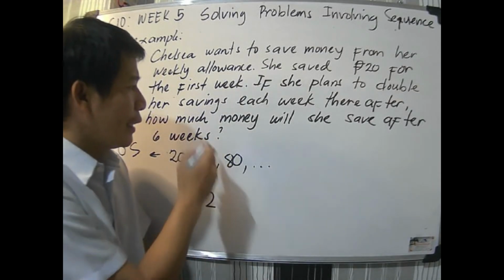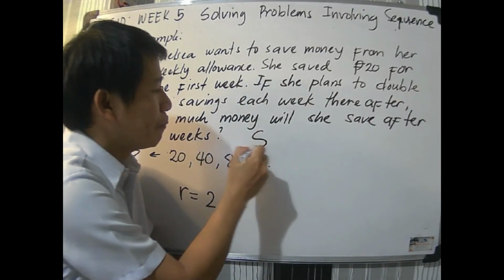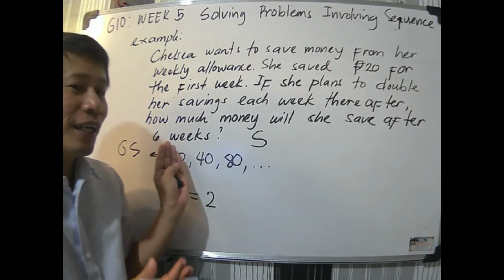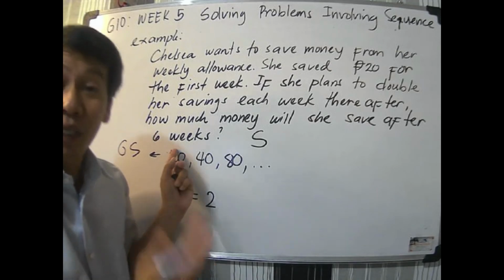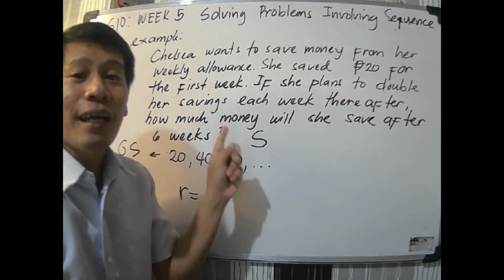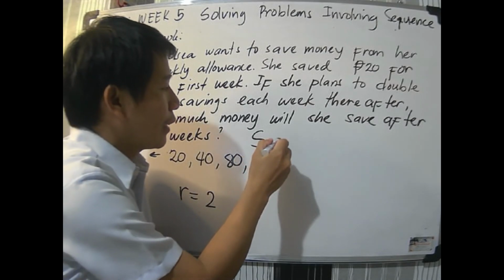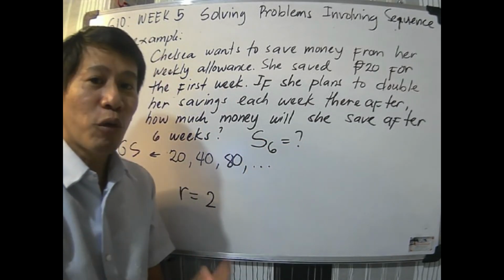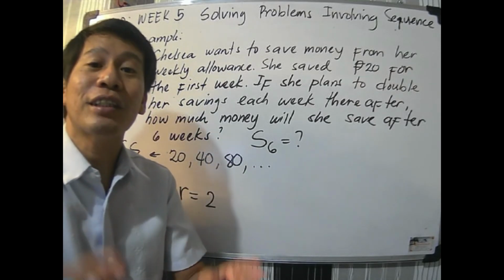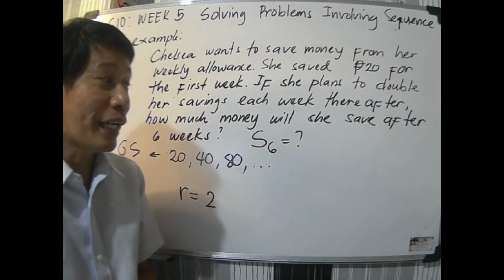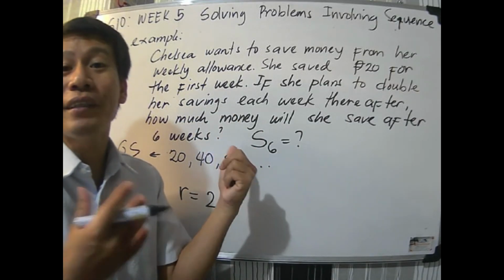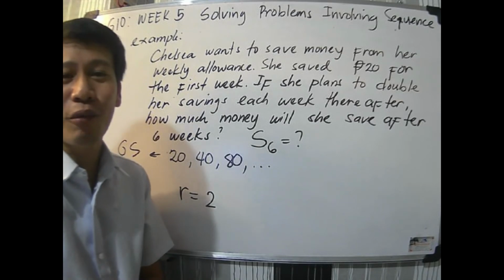Therefore, ang hinahanap sa atin dito is sum ng savings. Mula sa first week hanggang sa 6th week. Alright? So, therefore, it is S sub 6 ang hinahanap. Sum of the first 6 terms. In other words, geometric series ito. Hindi siya nth term. Hindi siya finding the nth term of a geometric sequence.